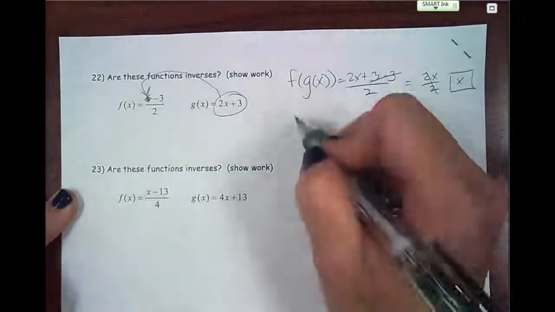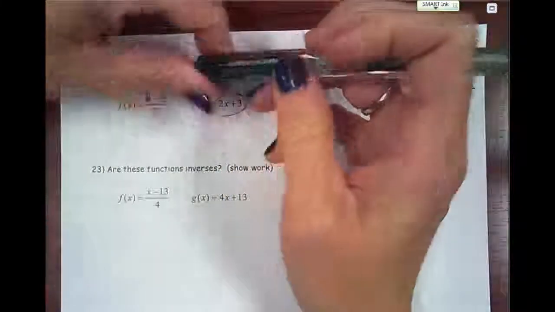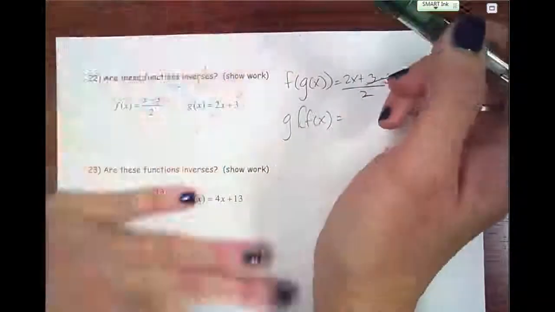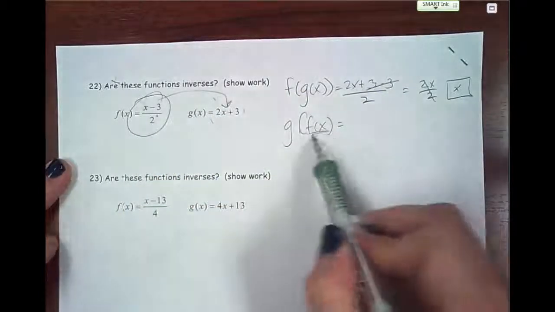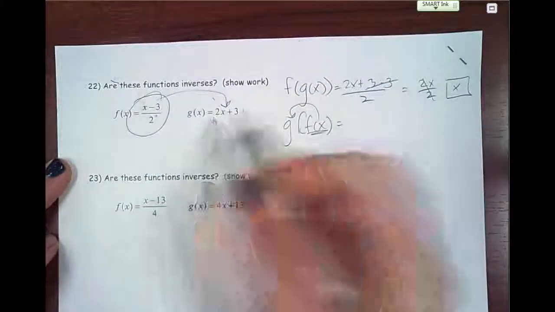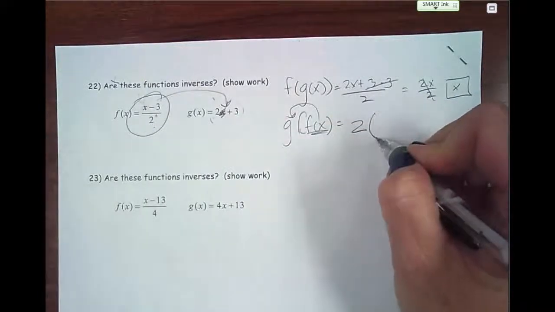But now you got to check the other direction also. Right, so I'm going to erase this. And we're going to go the other way. This big fraction into here, right? F into g. So the 2 stays, this x drops, and this entire fraction is put in its place.